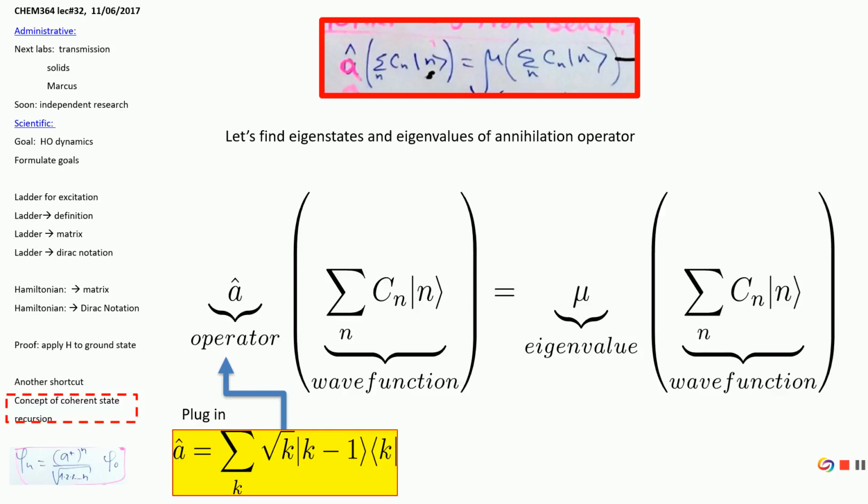So phase accumulation. Each eigenstate is multiplied by this Euler imaginary exponential, which accumulates phase.